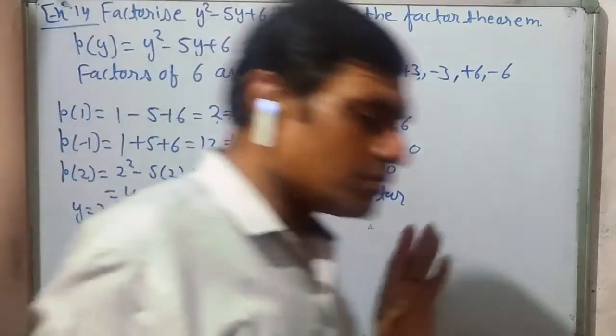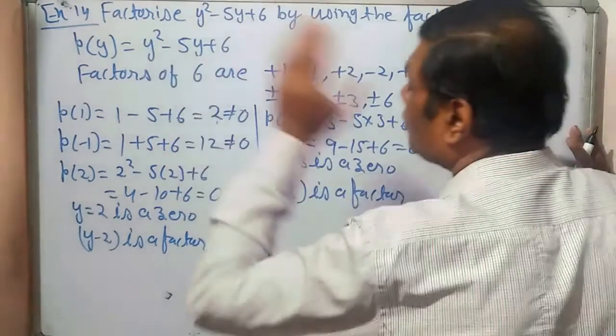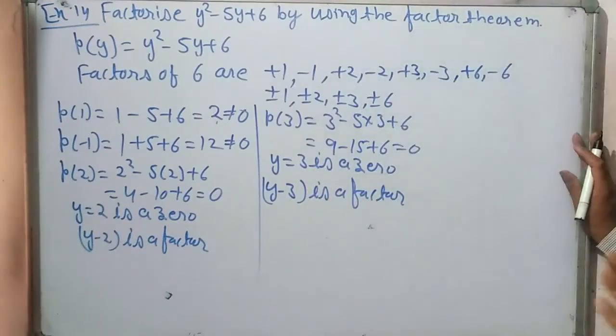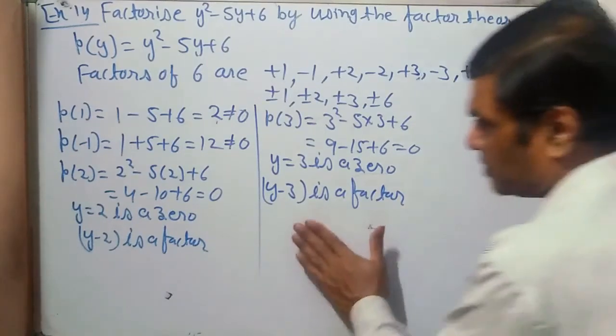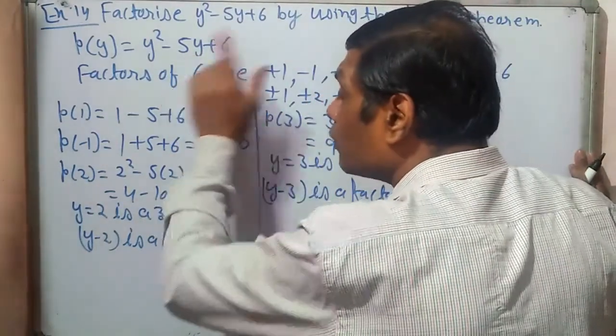Now, what is the degree of the polynomial p(y)? Degree 2. We have found 2 factors. Now, are these the only factors? In y terms, yes, they are. But is there any constant also multiplied to it?